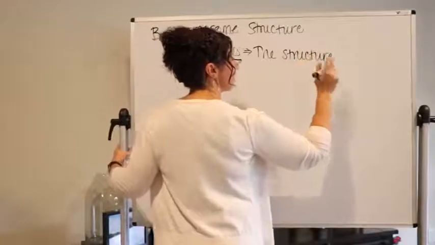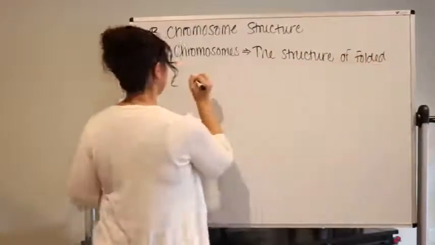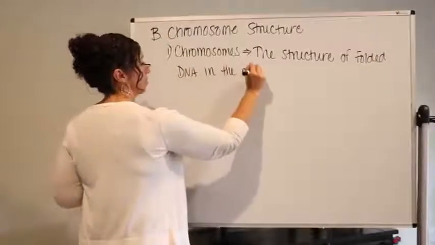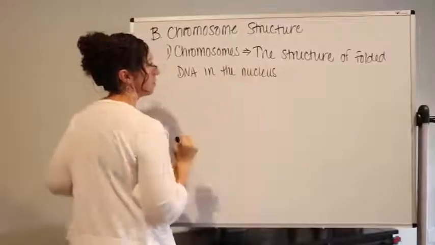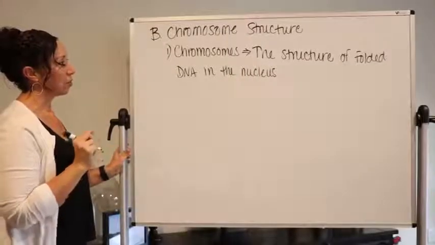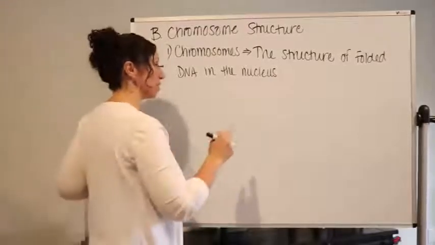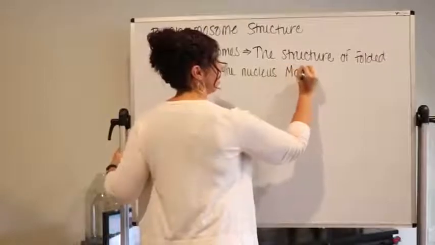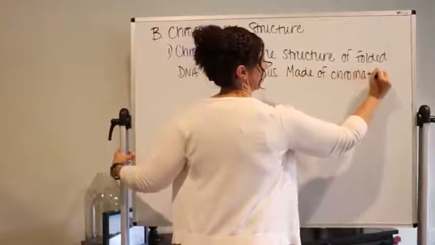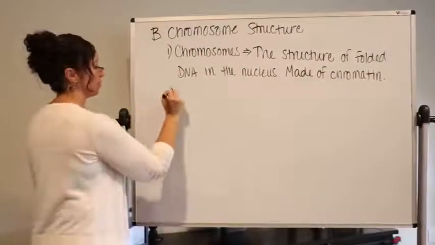The structure of folded DNA in the nucleus. And a little bit more detail: chromosomes are made of something called chromatin. So we're going to define that. Number 2.